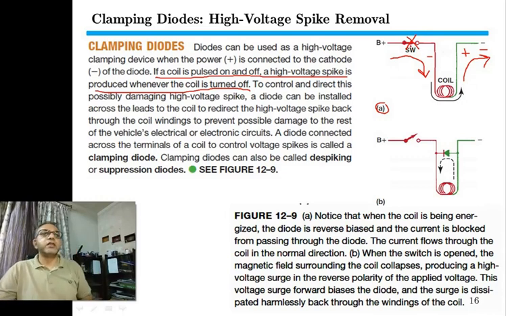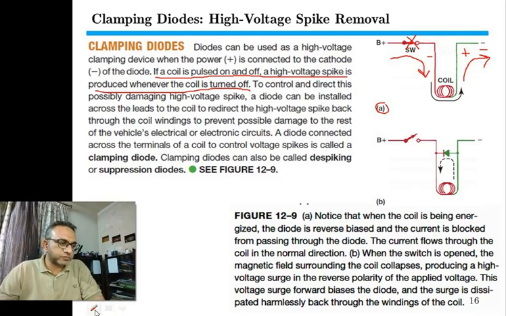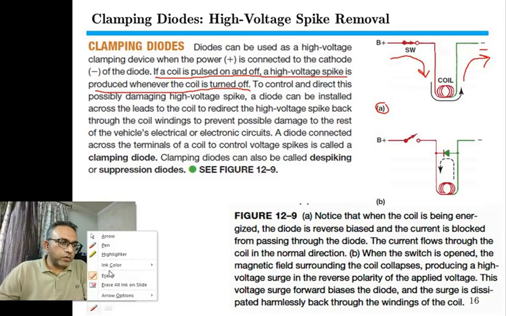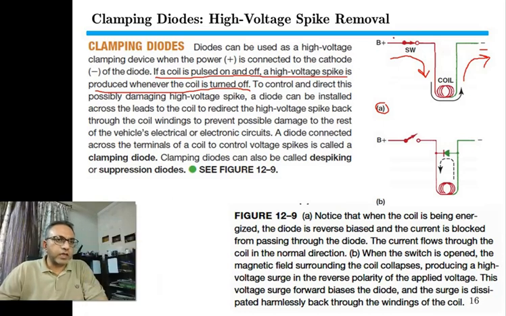Listen again: in the first case, the switch is short circuit, and current flows through the battery, through the switch, into the coil, and into the battery negative terminal.